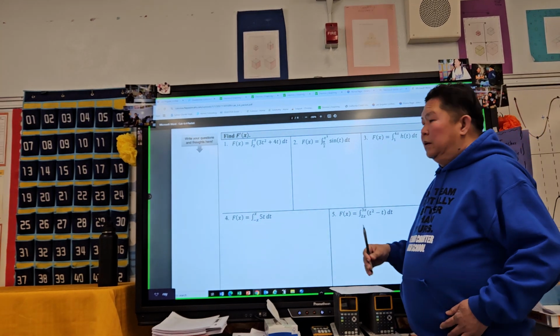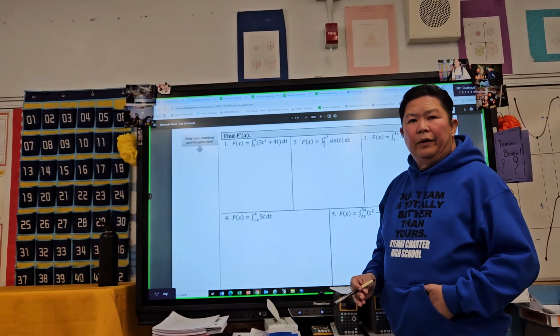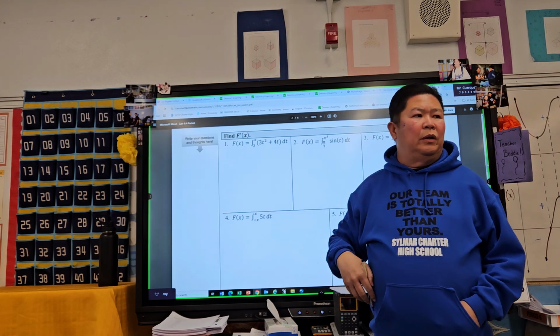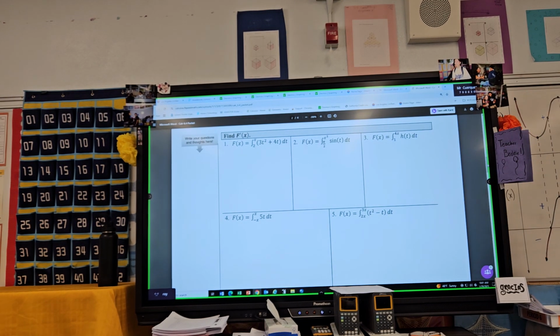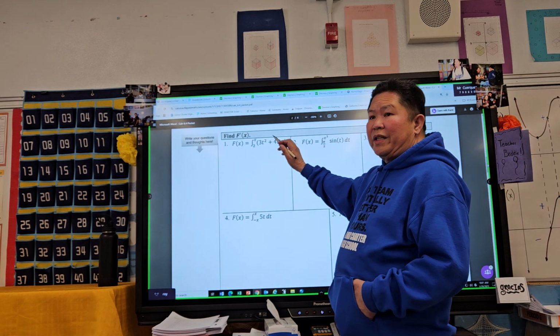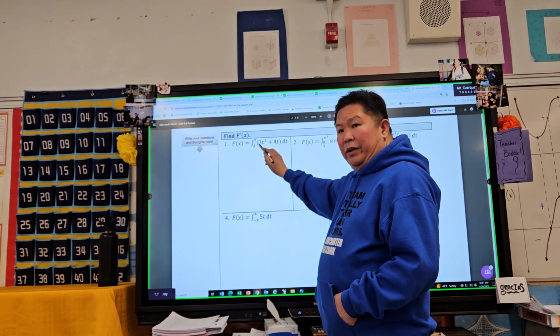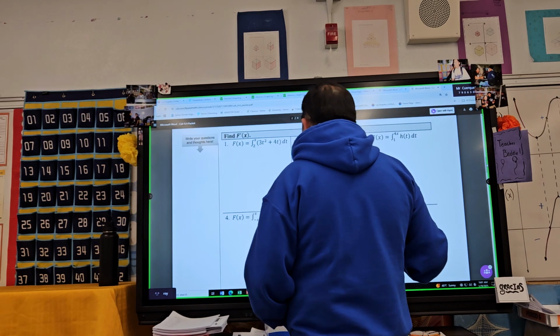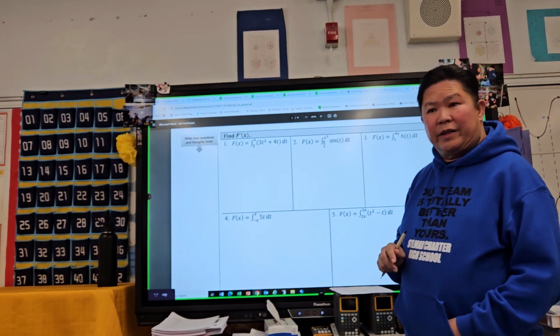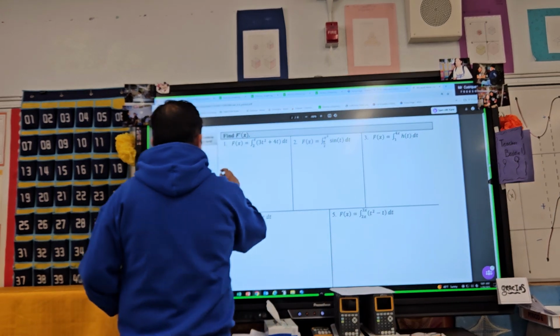Now, for number one, what is 2, a constant or a function? Constant. So in this case, what to do is just replace. If you come across this one, we are taking f prime of x.